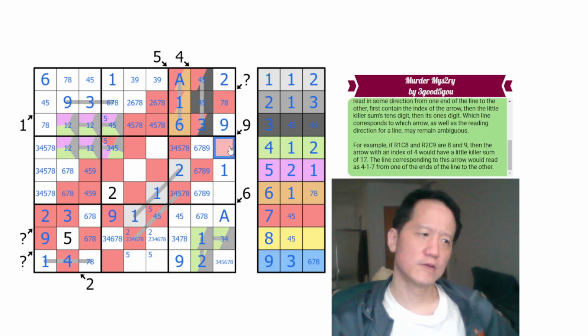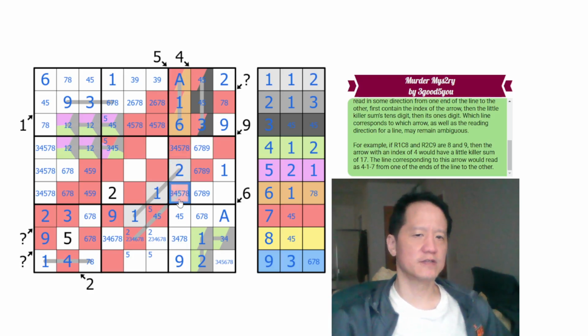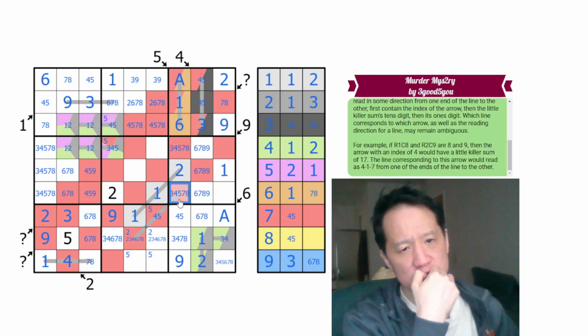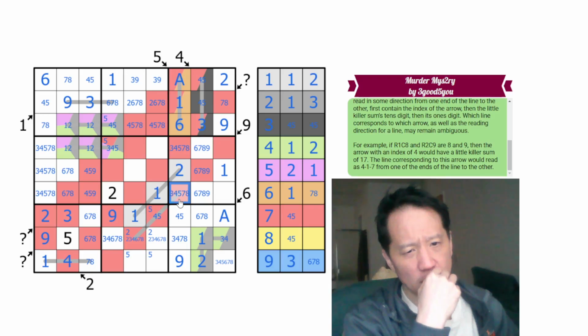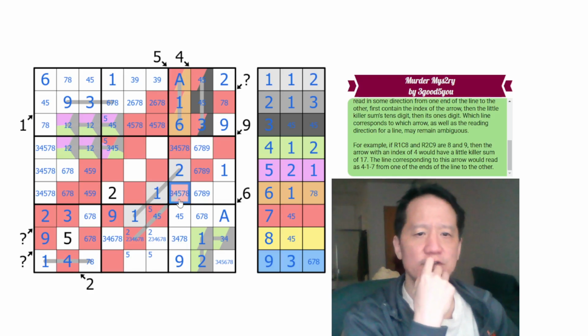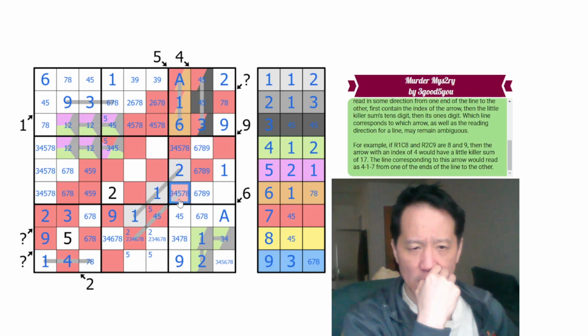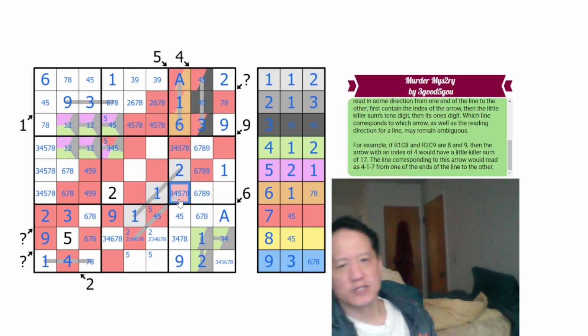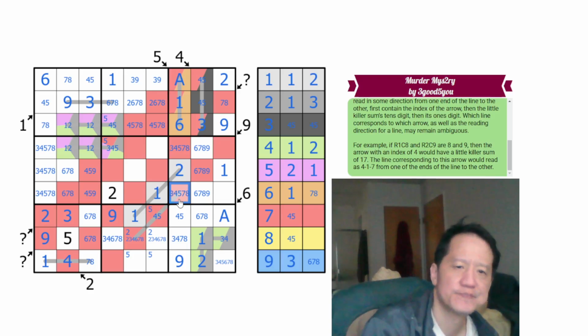That's fine. But this is at most 5 and 8. So the 9 is 36, 7, or 8. Not sure what that tells us.